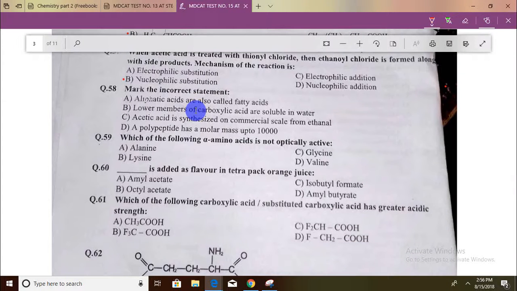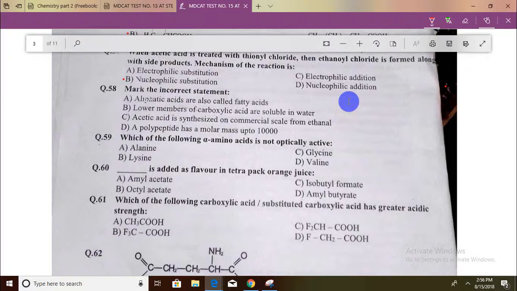Question number 2. Mark the incorrect statement. Aliphatic acids are also called fatty acids. Yes, but not always, because this is only for monocarboxylic aliphatic acids. The lower members are soluble in water. Yes.